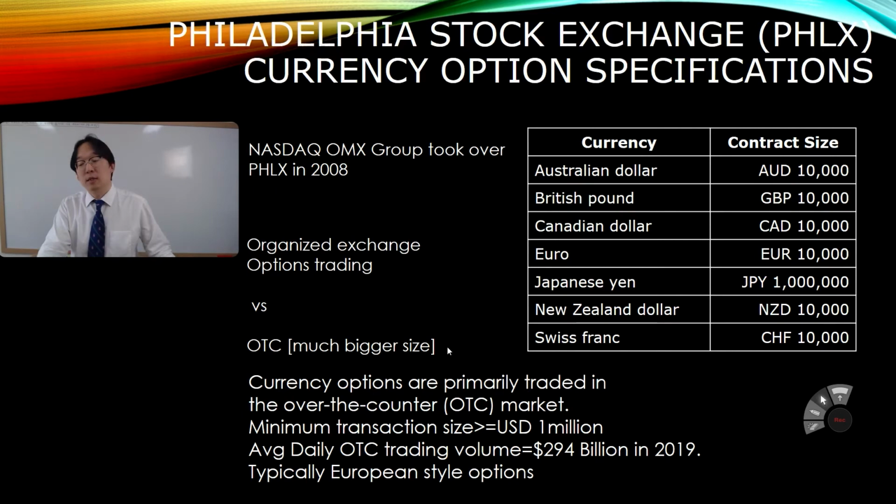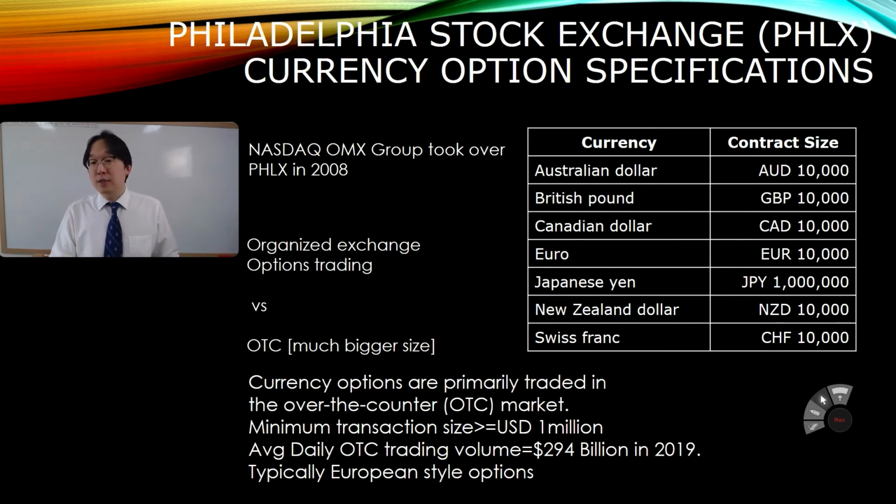It turns out the over-the-counter market is much bigger in size, and currency options are primarily traded there. The minimum trade size is greater than or equal to $1 million US. Average daily over-the-counter trading volume was $294 billion in 2019. Typically European style options are traded there.